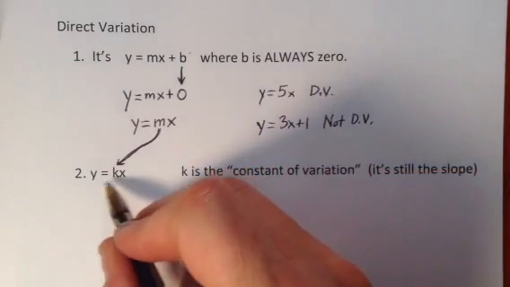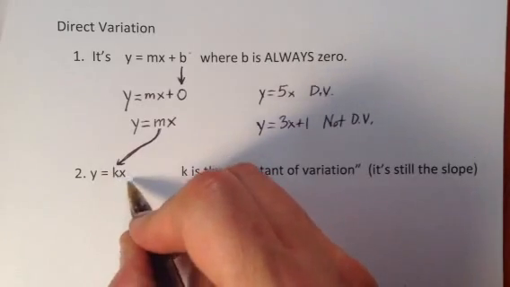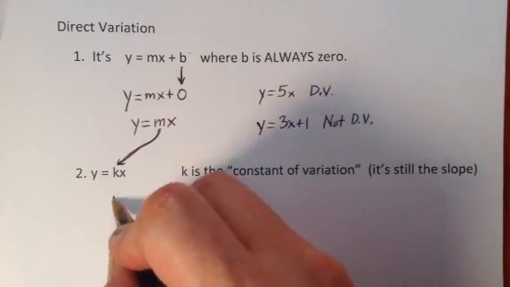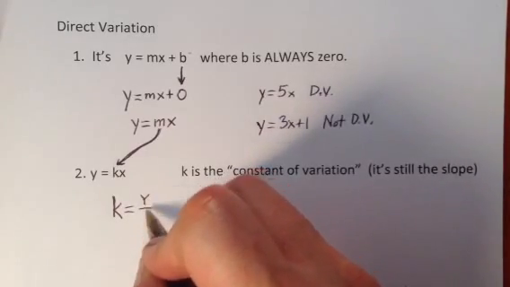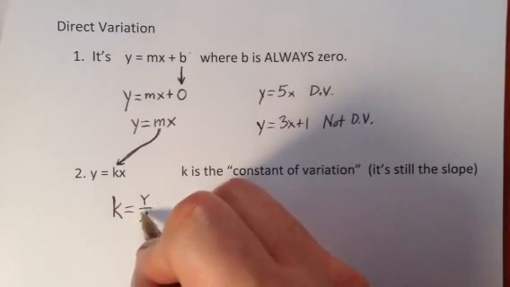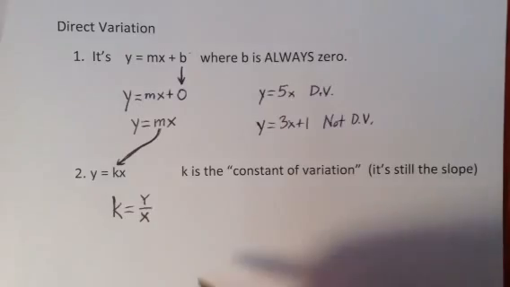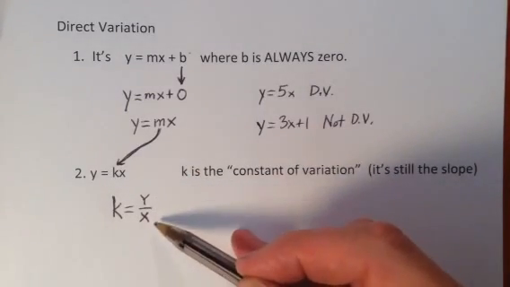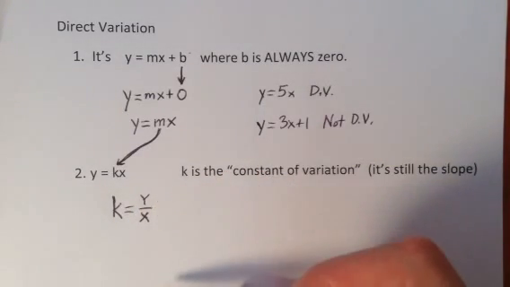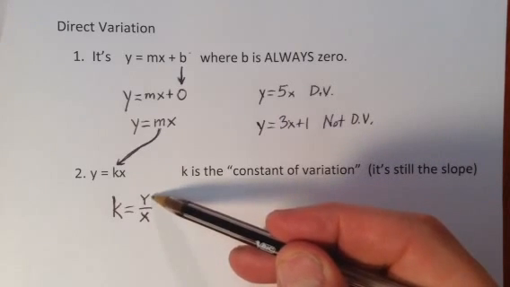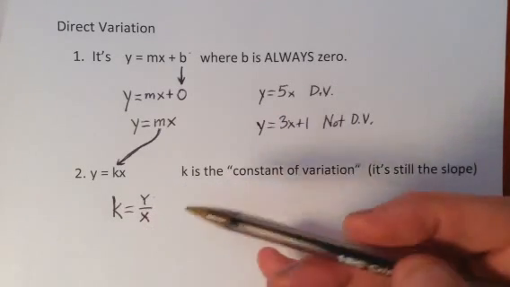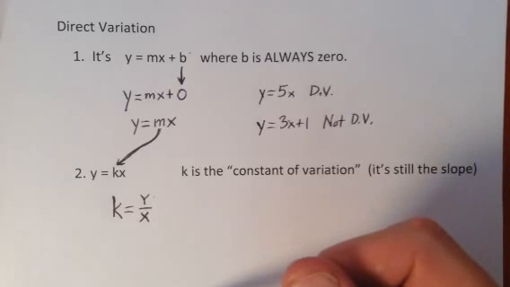Now, if you solve this for k, if I divide both sides by x, the constant of variation is simply going to be your output over your input. All right? This is something very important to remember, because if they say, hey, what's the constant of variation? You give me an ordered pair, I'm going to put the y value on top, I'm going to put the x value on bottom, and I'm going to simplify it and say, there you go, that's my constant of variation.